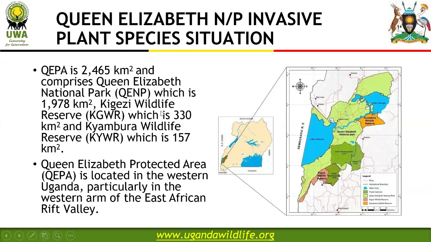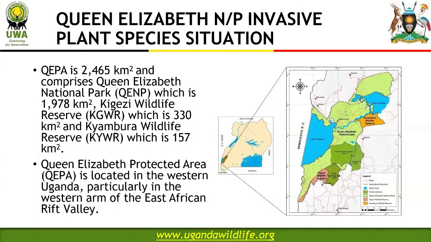And this is the entire area, 2,465 square kilometers. It includes Queen Elizabeth National Park, Chambura Wildlife Reserve, and the Kigezi Wildlife Reserve. So when you add all of them, this is the total area, 2,462 square kilometers.